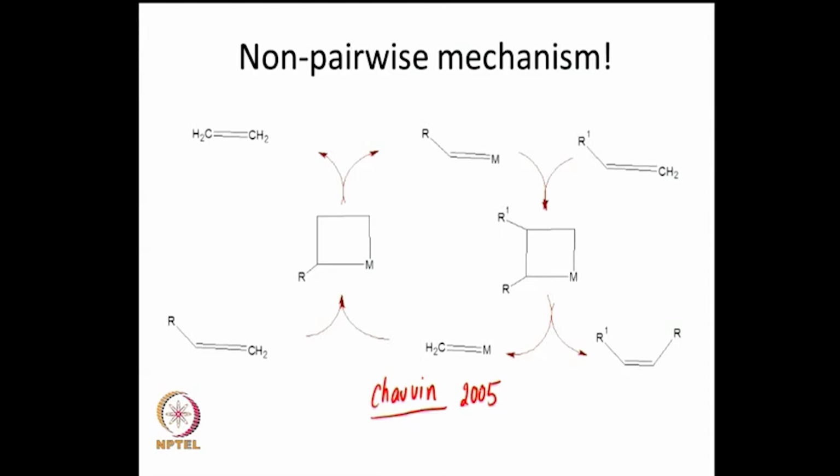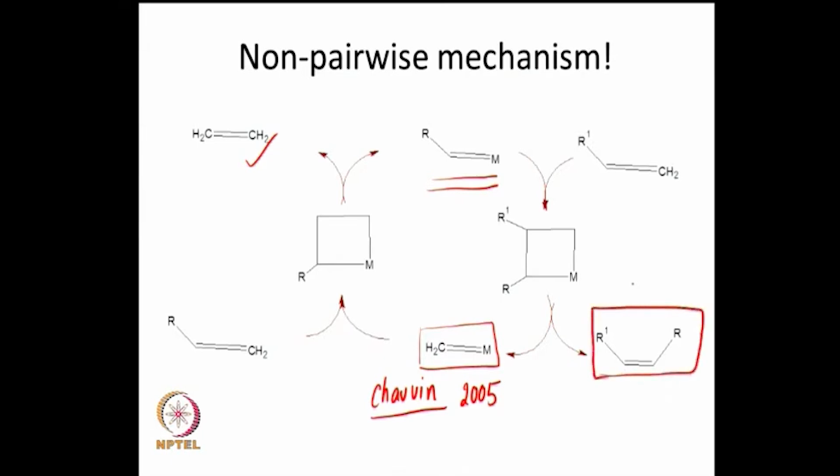Pictured here is the mechanism. You start with M double bond CH2, and then you can exchange it with another olefin in such a way that you can eliminate ethylene, and that is what is happening here. Ethylene is eliminated and a new alkylidene metal system is generated, which can interchange with another alkylidene group of another olefin in order to finally generate a completely new olefin.